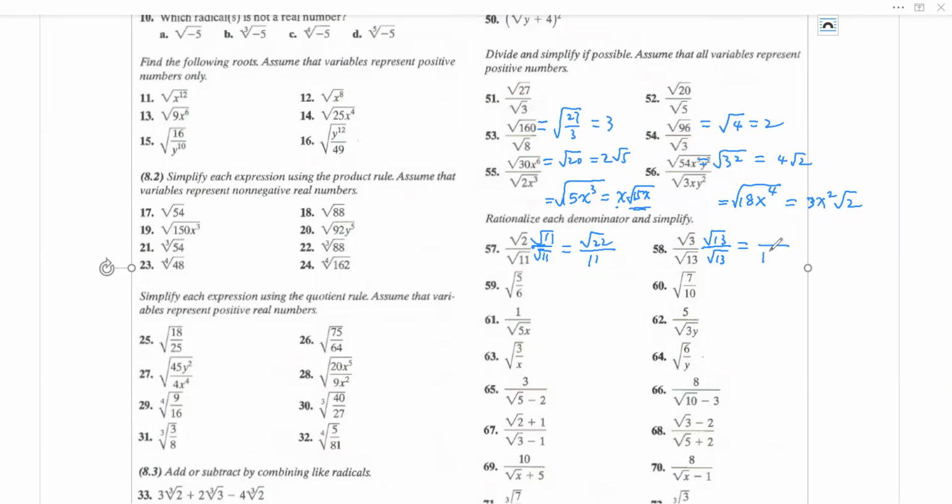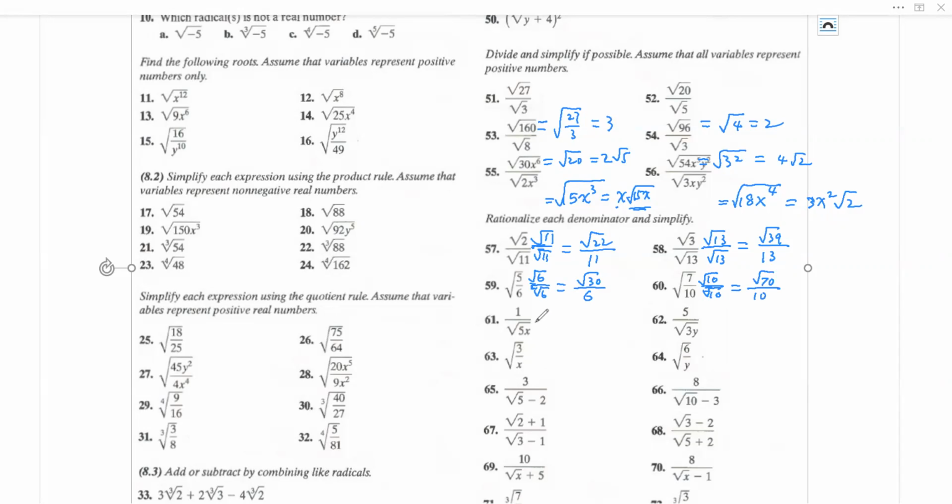So this one became 13 on the bottom, here is 39. Right? Much easier. Multiply both top and bottom by 6, so the bottom is 30, right? Multiply both top and bottom by square root 10, so the bottom became 10, and the top part became 70.